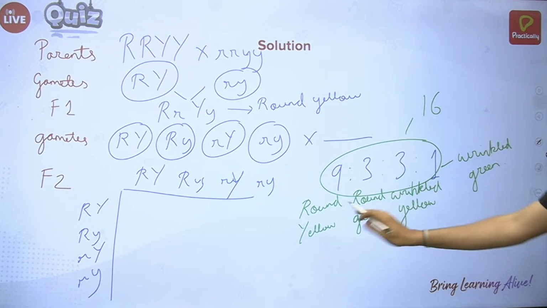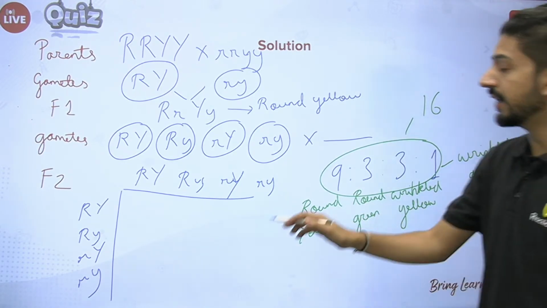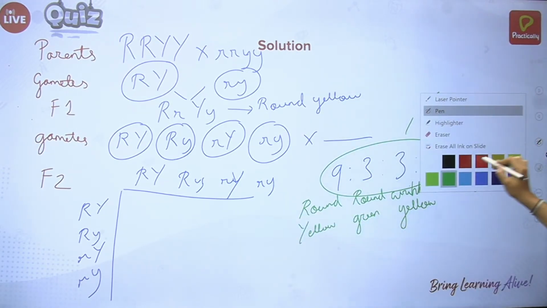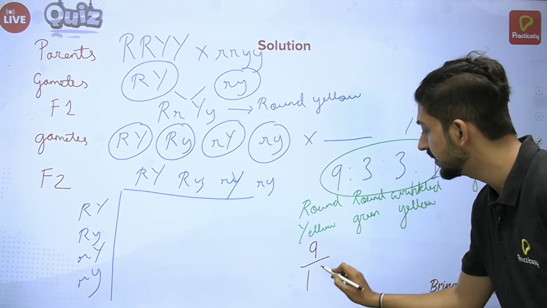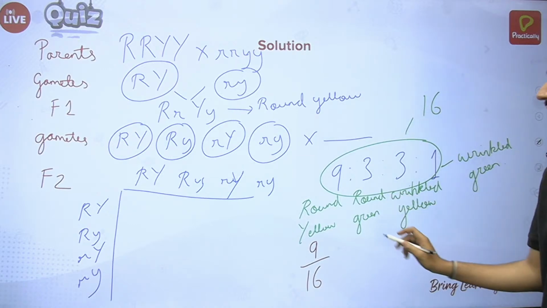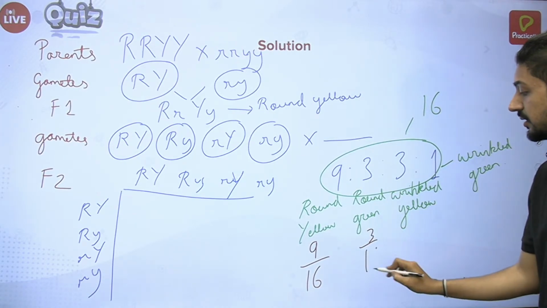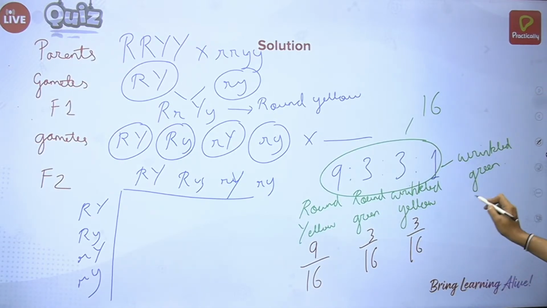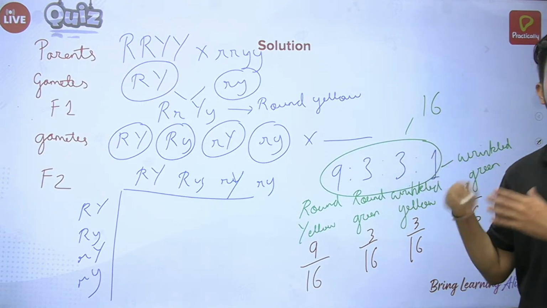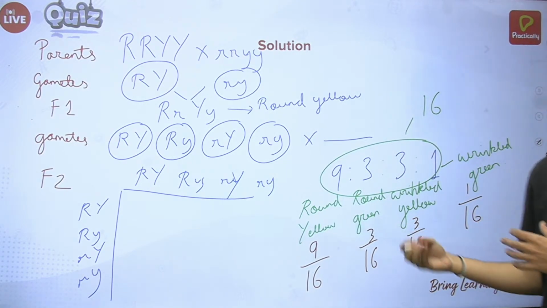So, if I ask you how many round yellow seeds we have, what will be your answer? Round yellow seeds are 9 out of 16, right? Round green seeds are 3 out of 16. Wrinkled yellow are again 3 out of 16, and 1 is wrinkled green, that is 1 out of 16. Okay, this is how you can interpret the ratio mathematically.